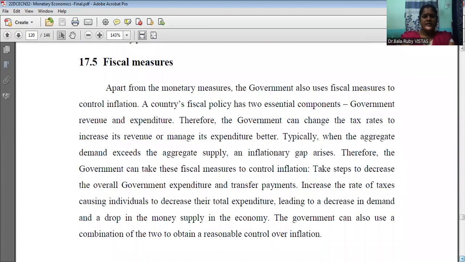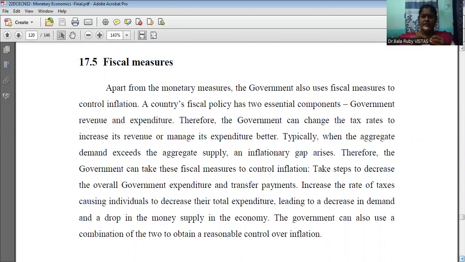Now, let us concentrate on fiscal measures. So, apart from these monetary measures, the government also uses some fiscal measures to control inflation. The country's fiscal policy has two main components. One is government revenue and the second one is government expenditure.